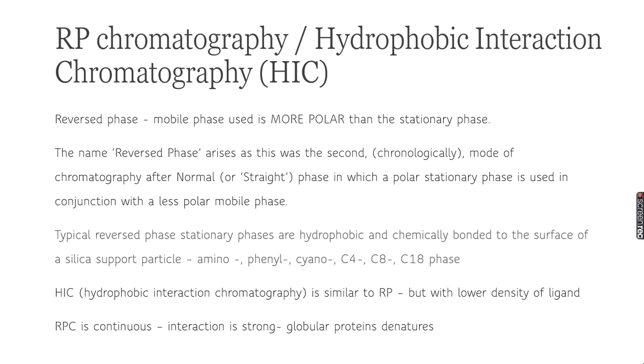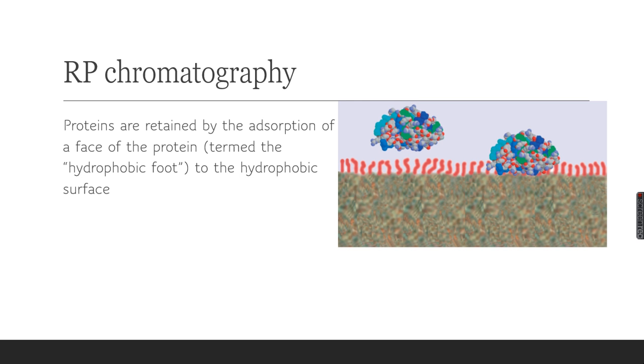Now we'll show you in this coming slide how RP chromatography really works in the system. We have one diagram here. You can see the reverse phase surface is coated with hydrophobic functional groups, and a globular protein is coming to attach.